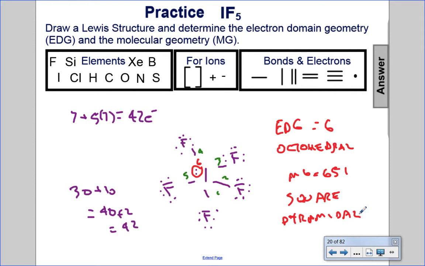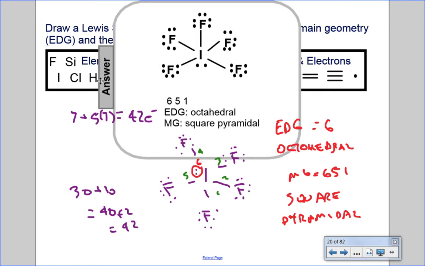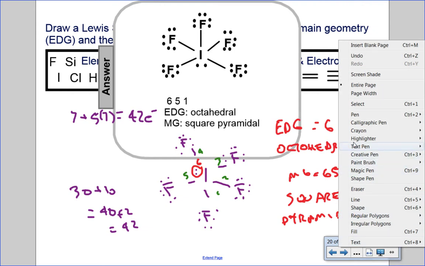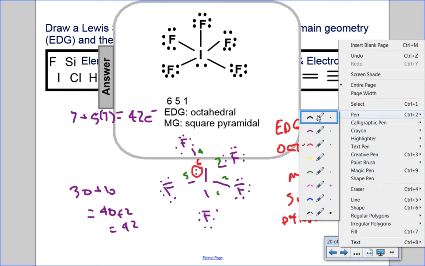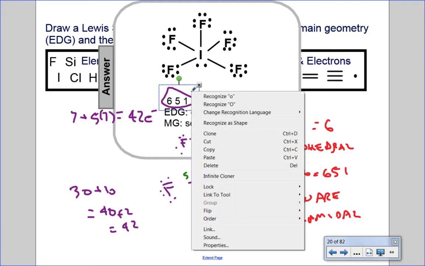But it will take you a while of practice to do that. So they're the answers. And just to confirm, we've done this for a while, so let's take a look. EDG is octahedral. Yes, I did misspell it. And the molecular geometry is square pyramidal. And it all comes right there from the VSEPR number.